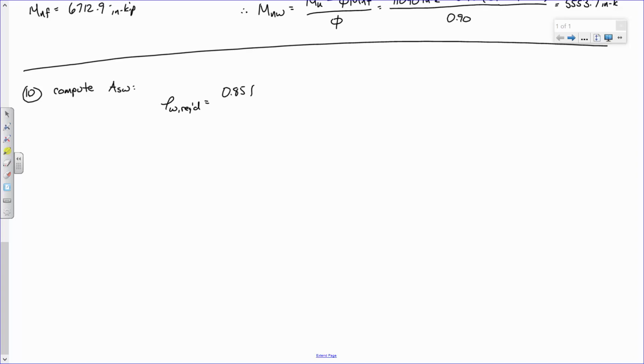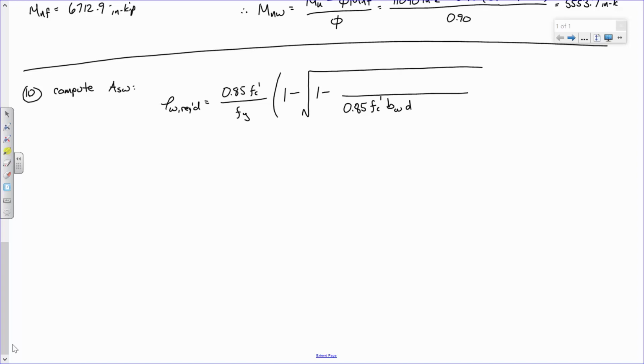0.85 over Fy. 1 minus. And then on the bottom, I'm doing 0.85 FC prime, and instead of B, BW.